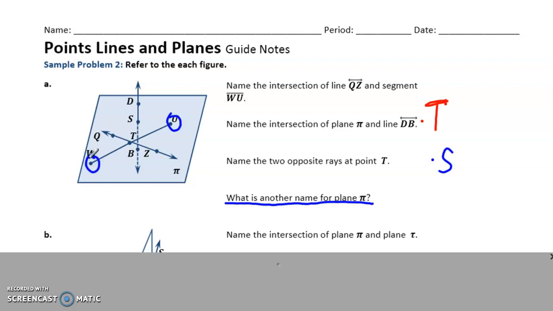Okay, so there's two, we need three, but these two are on the same line. So we need a third one that's not on the same line as those two. So, Erica, what would you suggest? Q. So those are three points that are not on the same line. So we could say plane WQU, naming that plane.